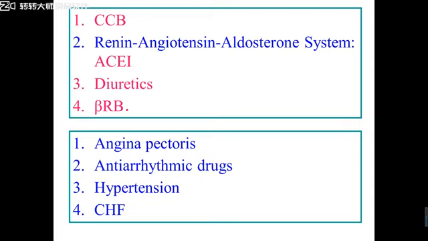And then, next class, we will study the second basic agents. They are 2 inhibitors in the renin-angiotensin system, ACEI and ARB. The full name of ACEI is angiotensin converting enzyme inhibitors.